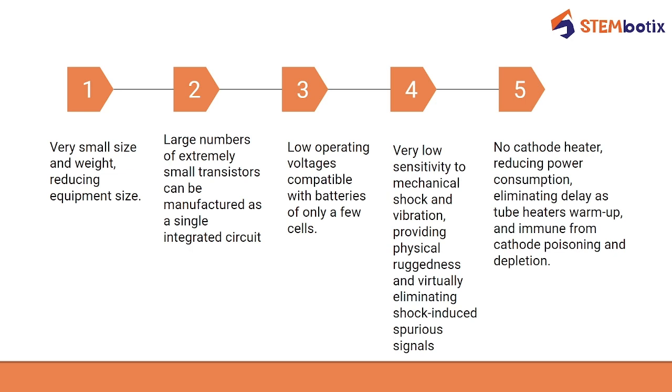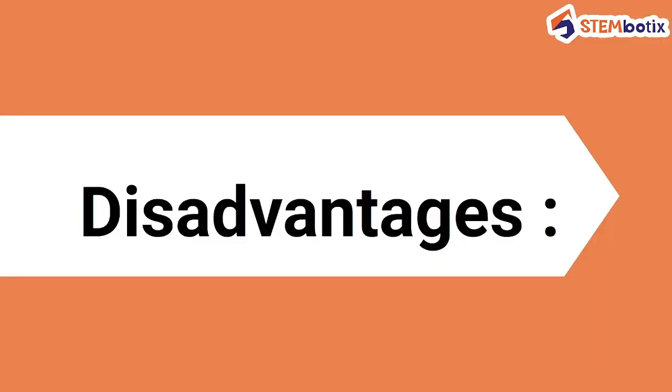No cathode heater, so they don't require a cathode heater, hence reducing power consumption and eliminating delays as tube heaters warm up, and they are immune from cathode poisoning depletion. So these were some of the advantages of transistors.